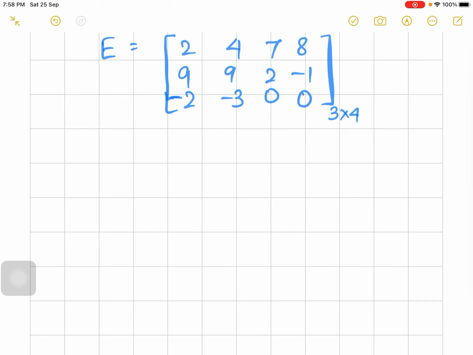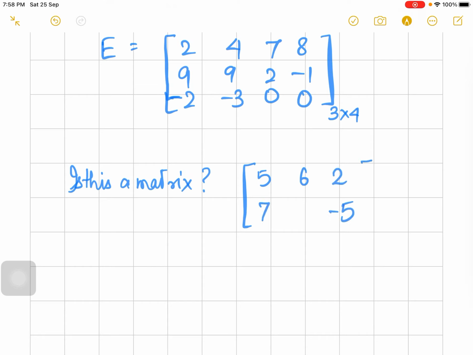Do you think that this new example which I'm going to give you, is it a matrix? 5, 6, 2, 7, nothing, -5. Does this qualify as a matrix? The answer is no. Why?